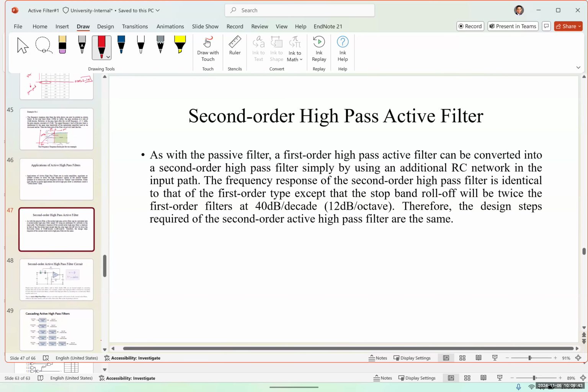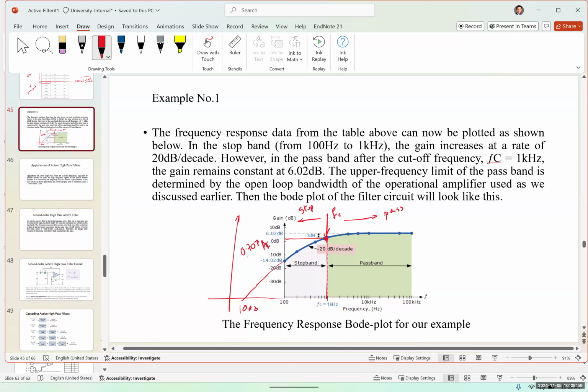Second order high-pass filter. So by adding another passive filter, another capacitor resistor to the system, we can create a second order high-pass filter. Why do we need a second order high-pass filter? From this previous picture, we can see that this high-pass filter is not very accurate.